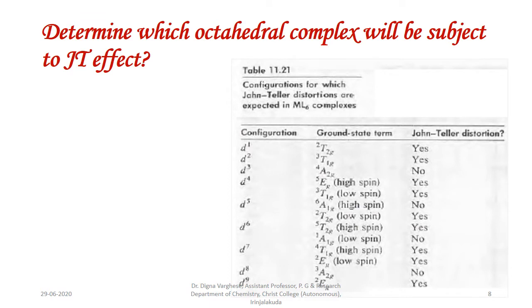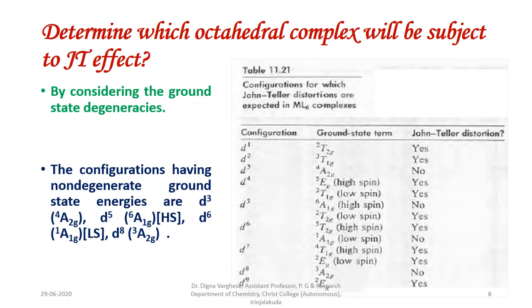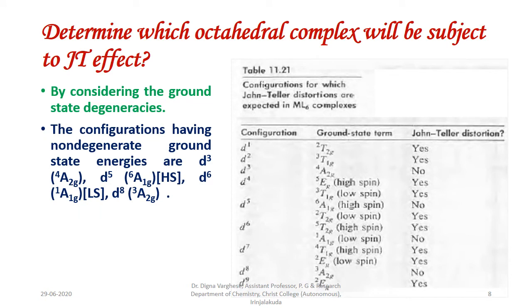Determine which octahedral complex will be subject to Jahn-Teller effect by considering the ground state degeneracies and the configurations having non-degenerate ground state degeneracies.